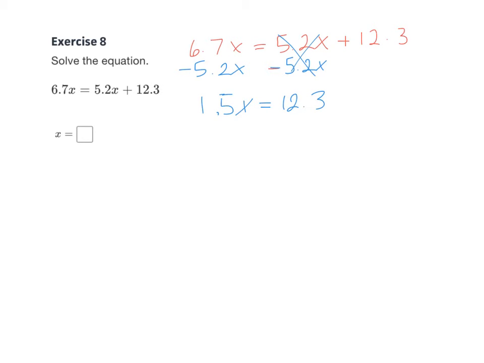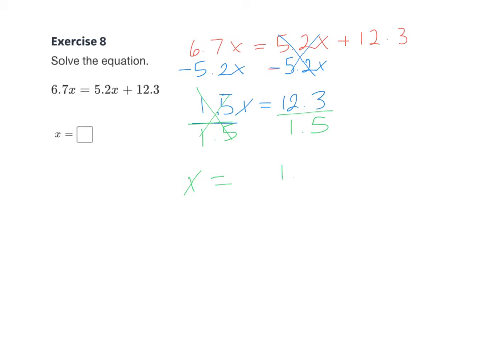And then, to isolate the variable, to get x by itself, I'm going to do the inverse of multiplying by 1.5. I'm going to divide by 1.5 on both sides. I'm going to get x is equal to, alright, let's do this.